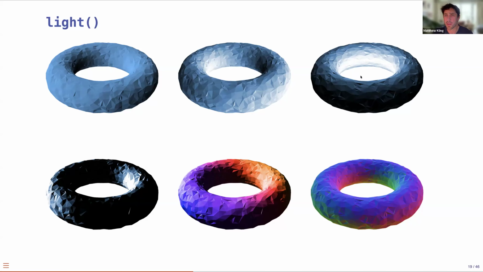I have positional lighting, so rather than all the light coming in parallel from outside the scene, you can specify a light source within the scene, and the light will project from that location.